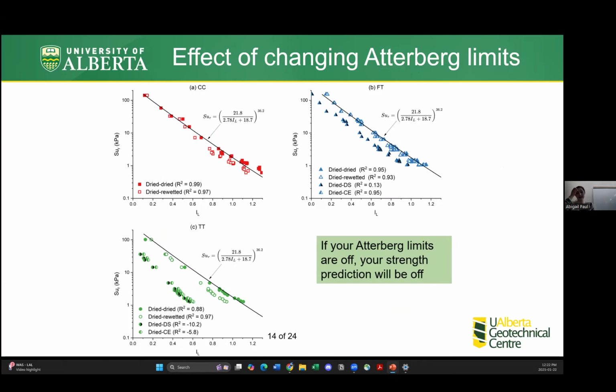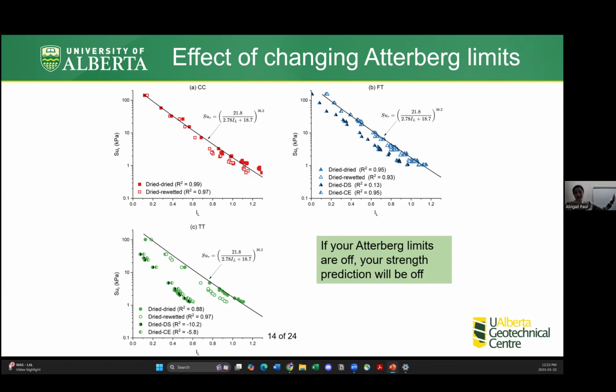And some of that complexity is illustrated on this slide here. With these plots, I'm trying to demonstrate what happens if you use the wrong Atterberg limits to apply this strength liquidity index relationship. So for example, using the Atterberg limits from the Dean-Stark method amended tailings for as-received tailings that have been just dried down.